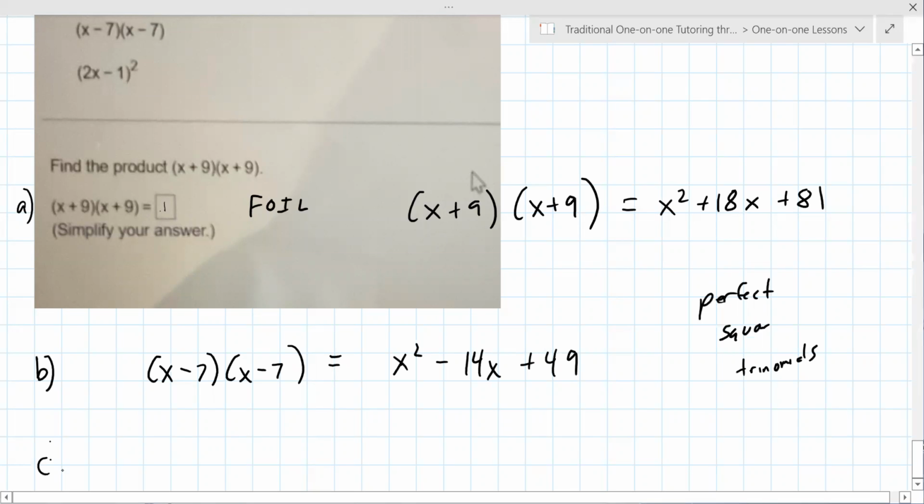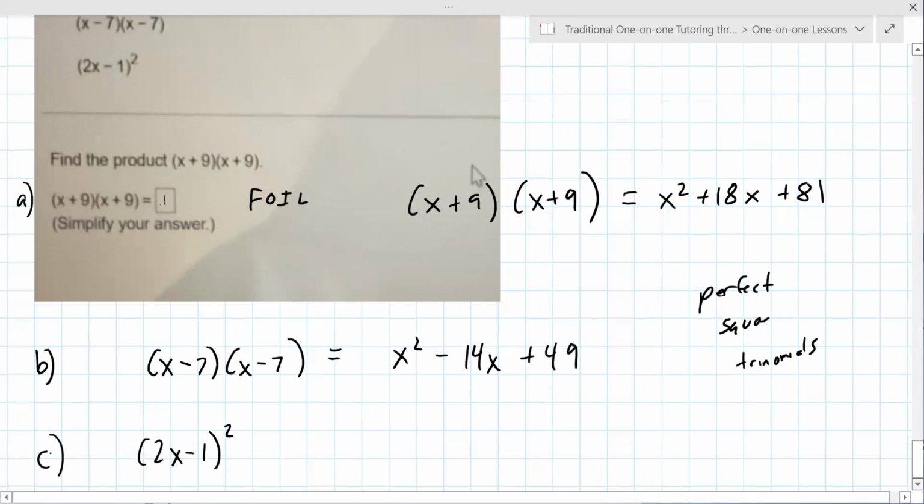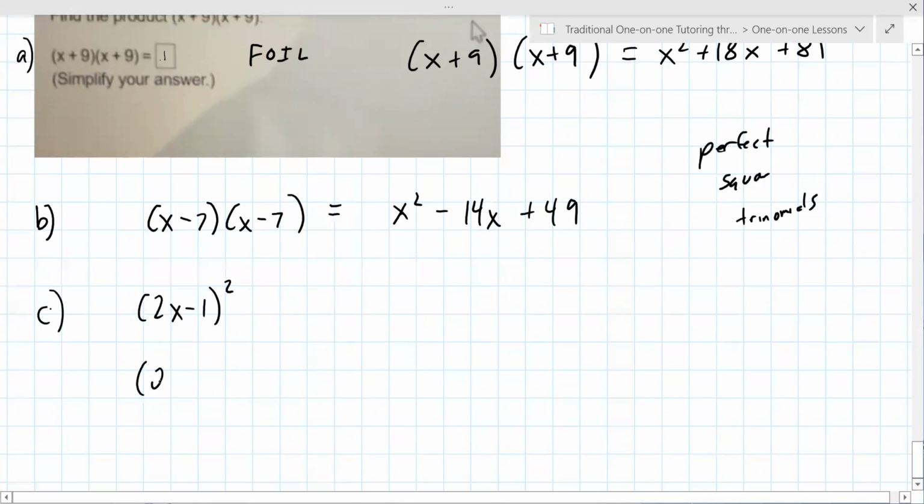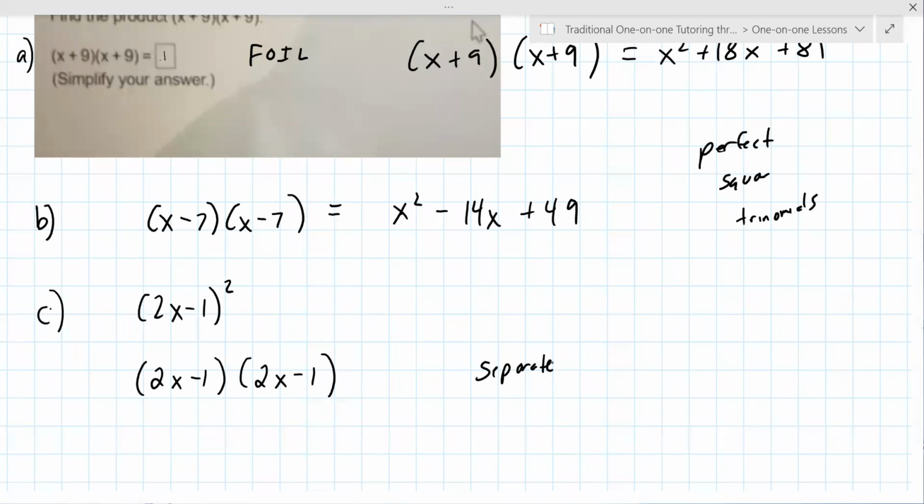The last one, part C, the 2x minus 1 squared, you're supposed to know that, oh, I can't do it the way it's written. I have to separate it out. And you want to do that before you FOIL. So go ahead and multiply that out. If you have questions, please ask.